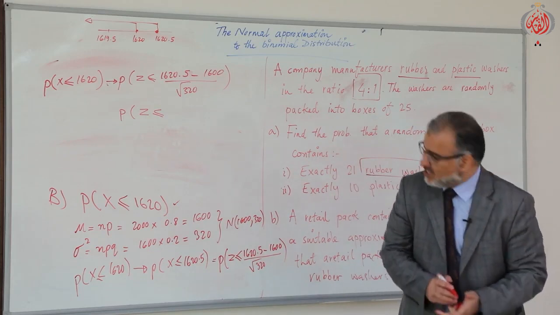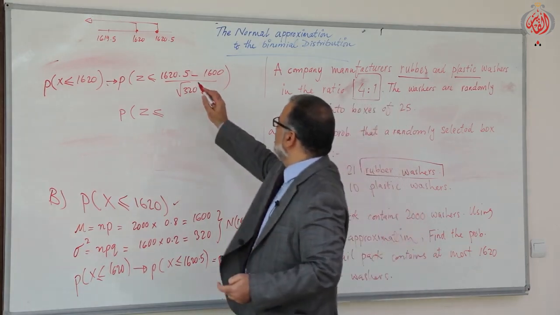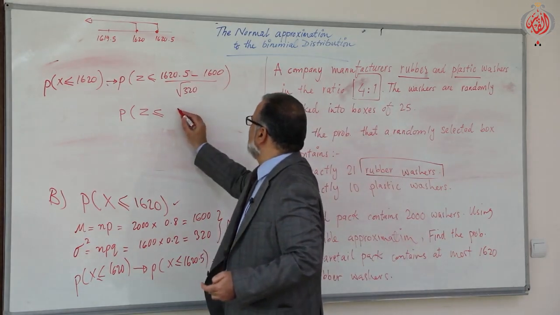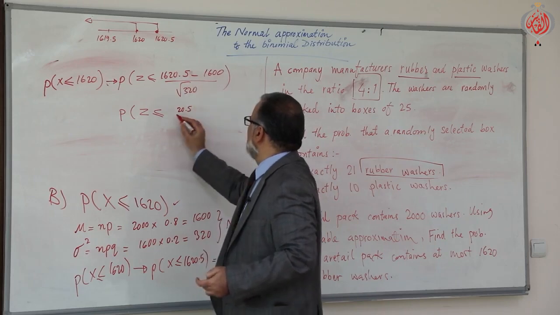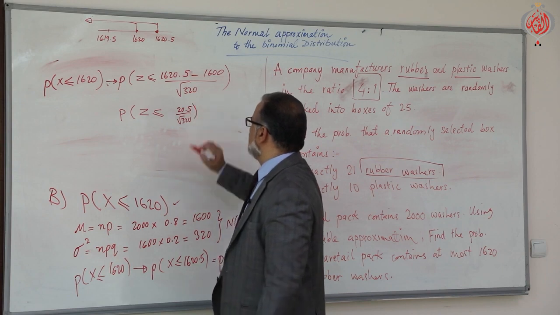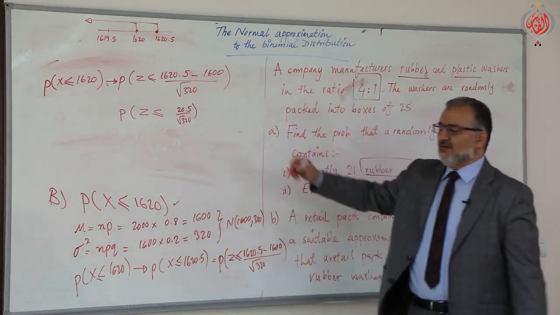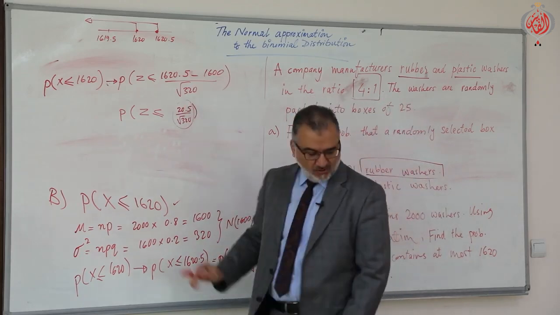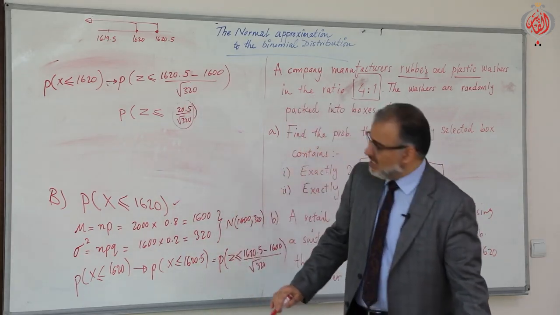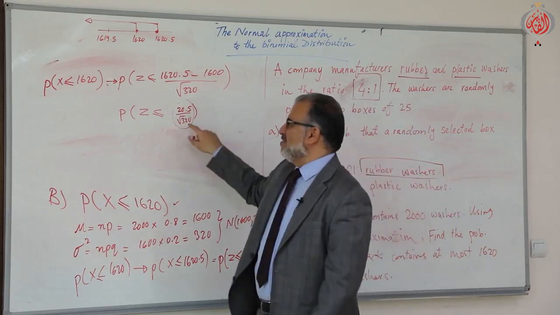Here, what will be the calculations? Please calculate: 20.5 over the square root of 320. You calculate that value, I don't have a calculator here, and find the probability.